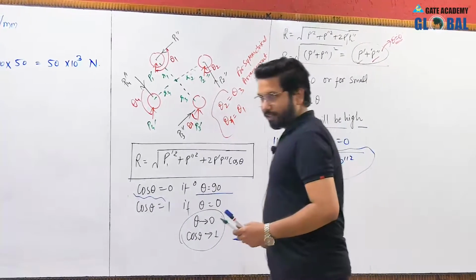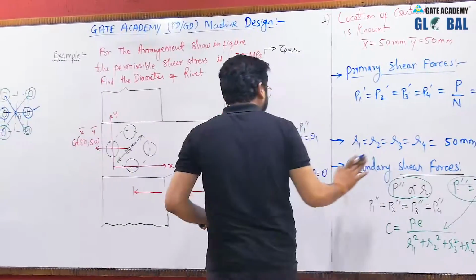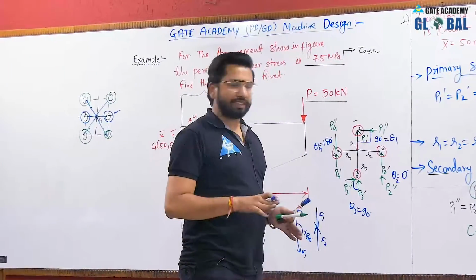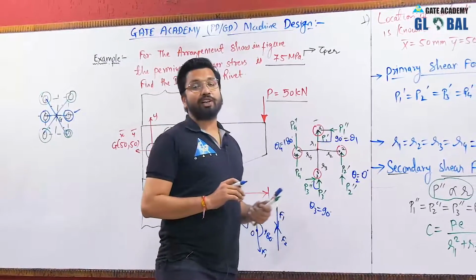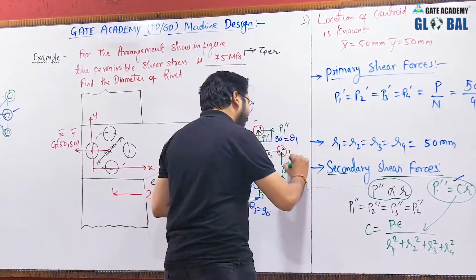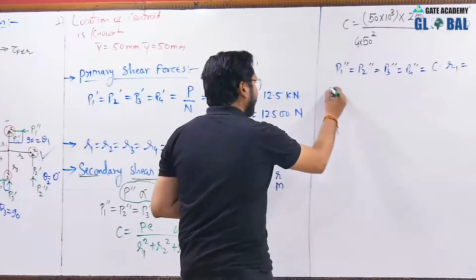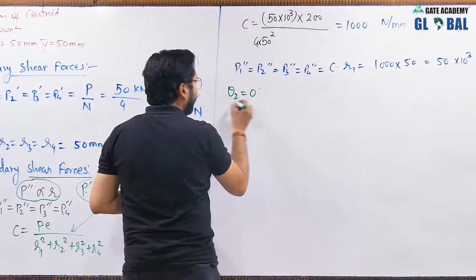This will be the resultant. And if theta is equal to 0 degree, then we will have the maximum value of the resultant. So if I ask you which of the rivets is the most critical rivet, without any doubt your answer will be rivet number 2. This rivet will be the most critical rivet, since theta 2 is equal to 0 degree.